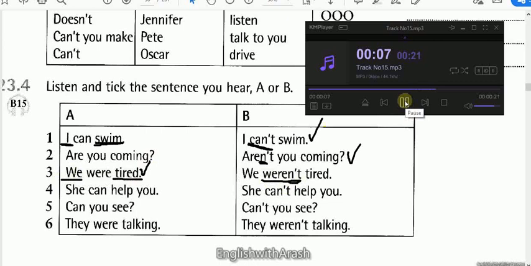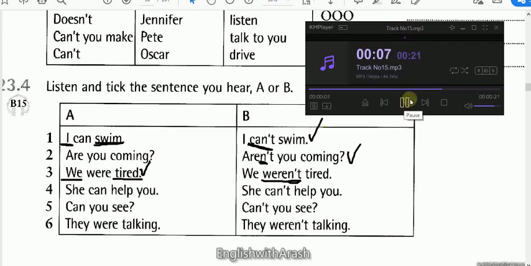Four. She can't help you. Yes, Heli good, Layla good. Fariba, Nahid, good job. Four.